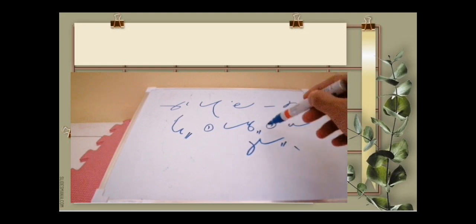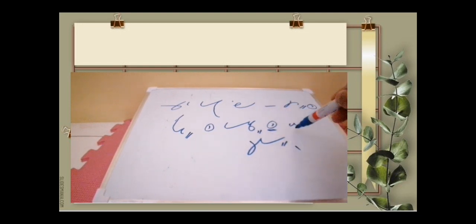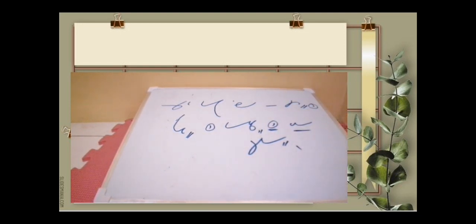So in this example, we write the comma before the conjunction or. And that's it for our lesson 42.